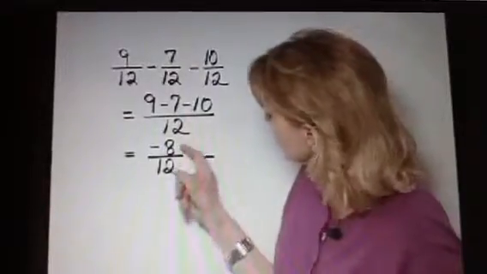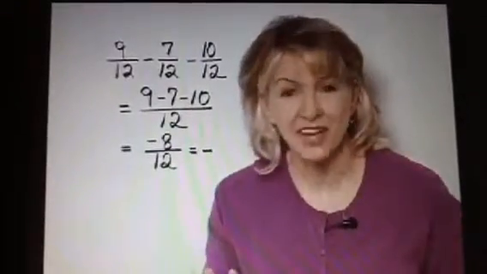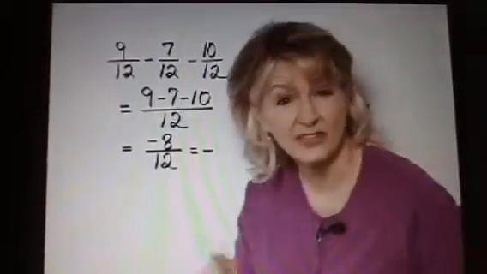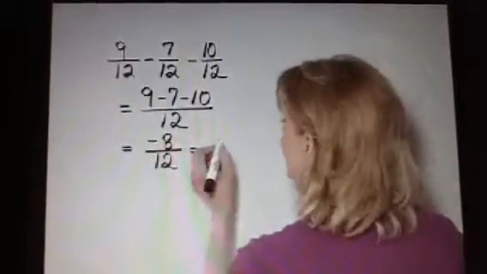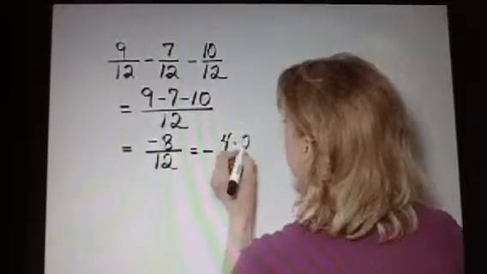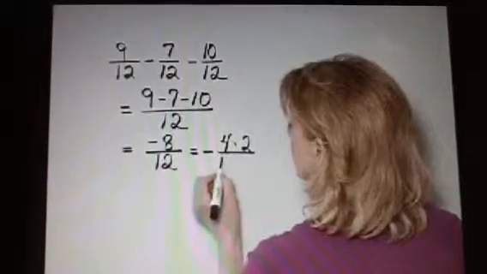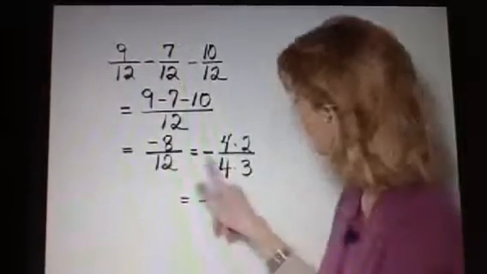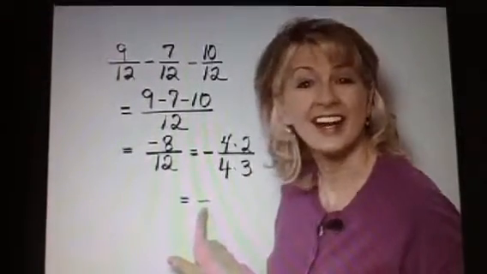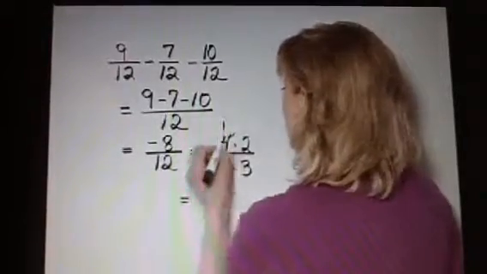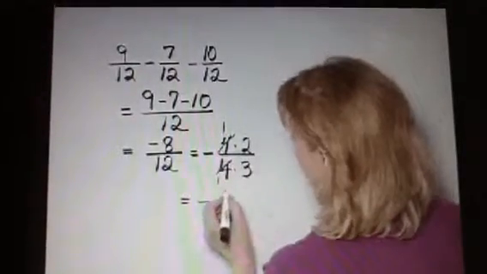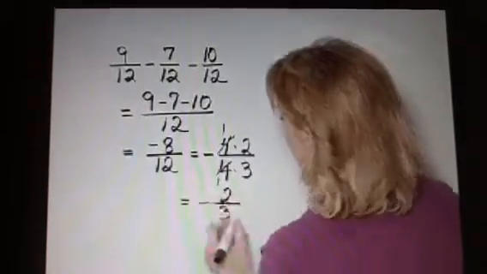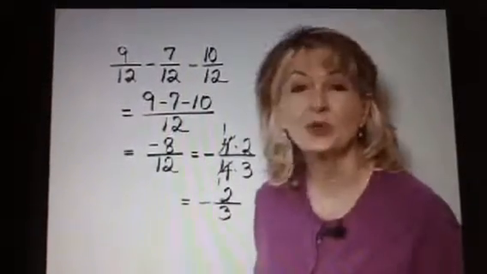And then let's see, 8 and 12, you can write the prime factorization of each, but I know 8 and 12 have a common factor of 4, so I'll write 8 as 4 times 2, and I'll write 12 as 4 times 3. Don't forget that negative, and then I'll divide out that common factor of 4, and then I have 2 over 3. So my result is negative 2/3.